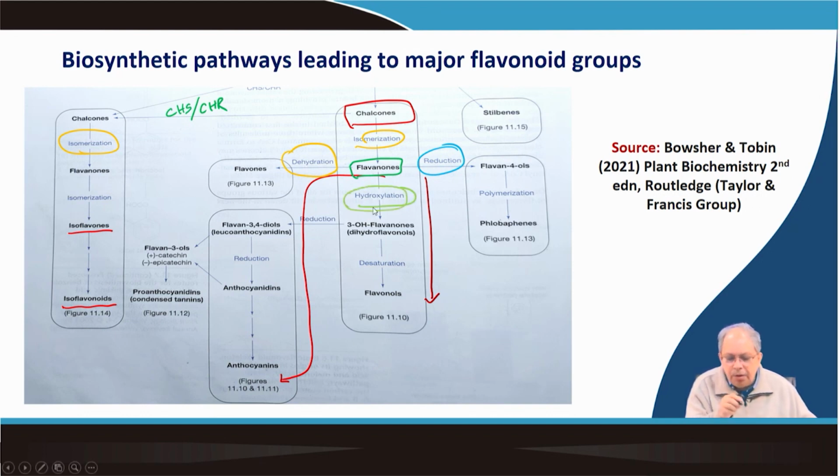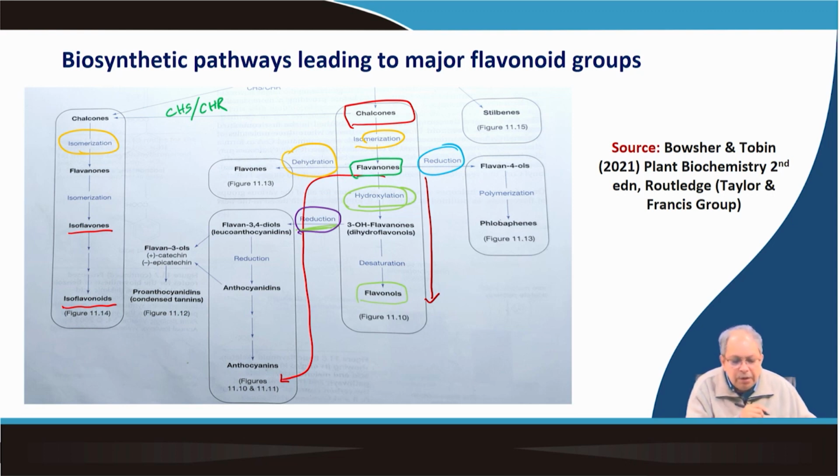which makes dihydroflavonol, and dihydroflavonol can take part in the formation of flavonols, or it will be subsequently reduced and make flavan 3,4-diols, which are called leucoanthocyanidins.